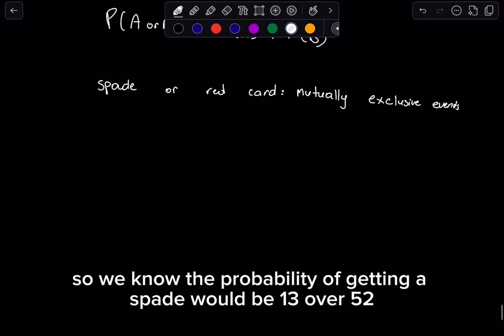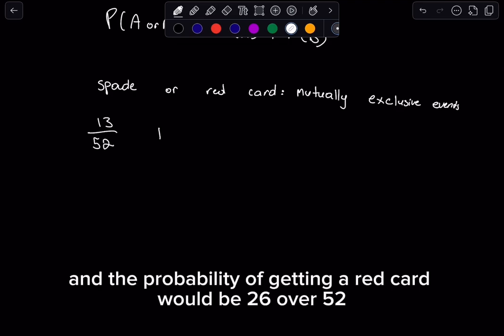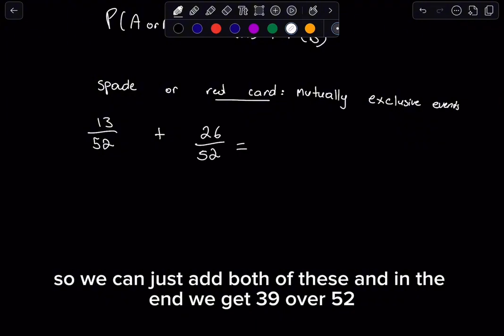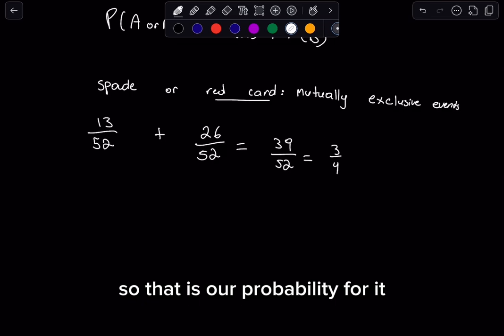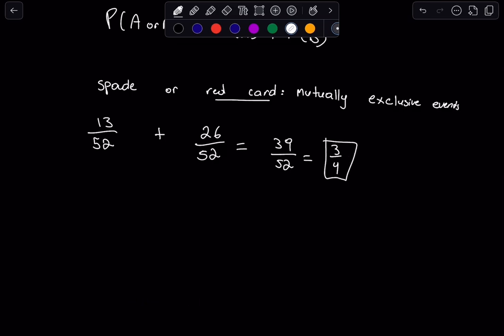So we know the probability of getting a spade would be 13 over 52. And the probability of getting a red card would be 26 over 52. So we could just add both of these. And in the end, we get 39 over 52, which is simplified down to 3 over 4. So that is our probability for it.